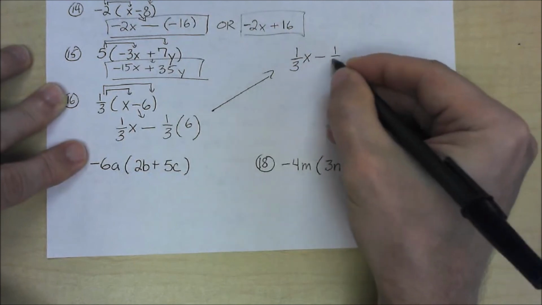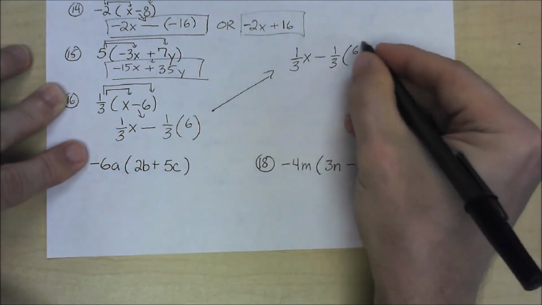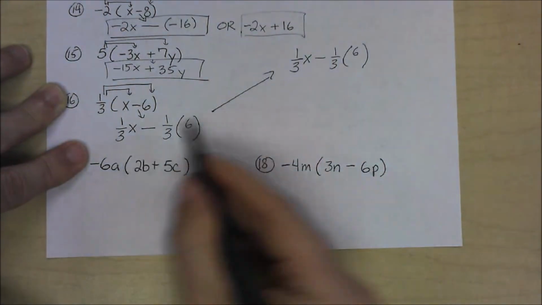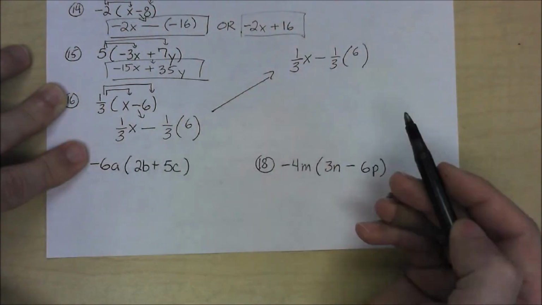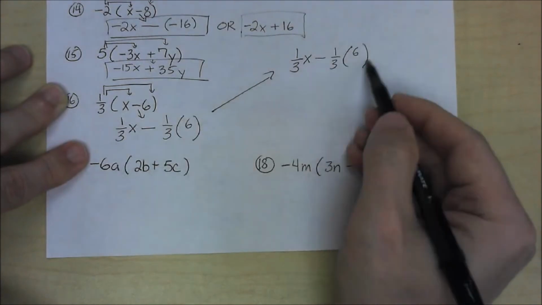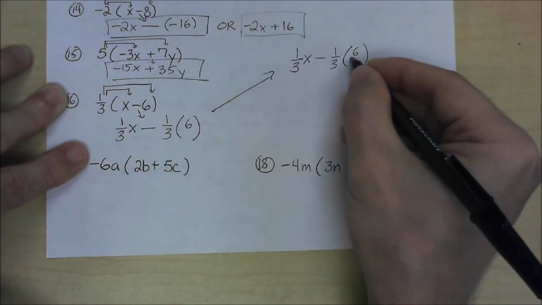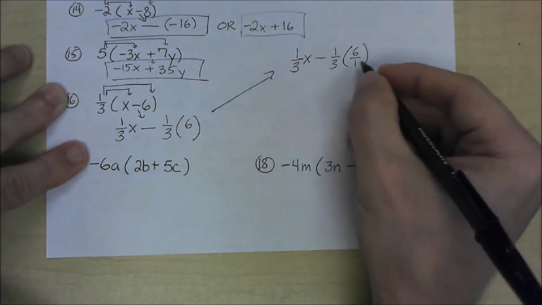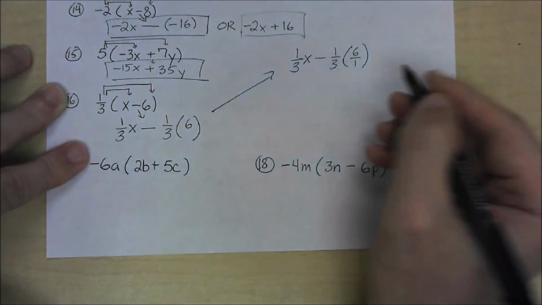So I'm writing the exact same thing: 1/3 x minus 1/3 times 6. Now, this part right here is not going to change, but right here I can simplify this. This 6, I'm going to put over 1 to make it a fraction. That way I can multiply this and simplify it.